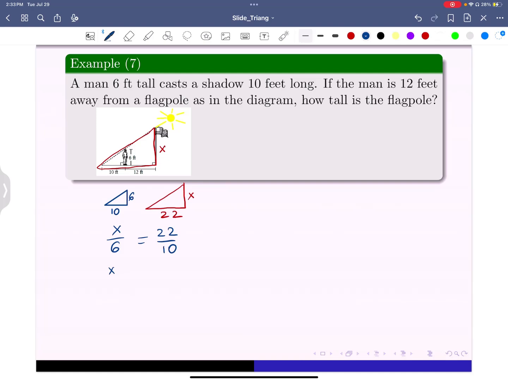So 10x is equal to 132. Divide by 10, divide by 10. So we have that x is equal to 13.2. How tall is the flagpole? 13.2 feet.